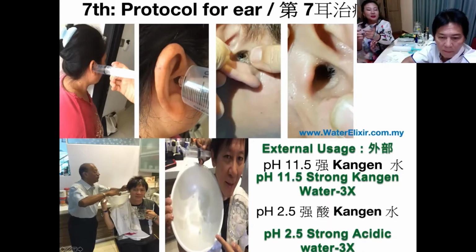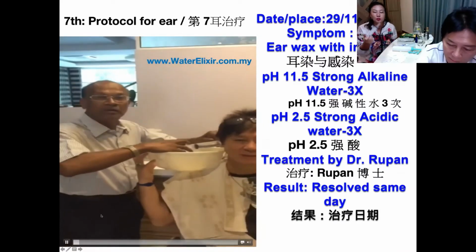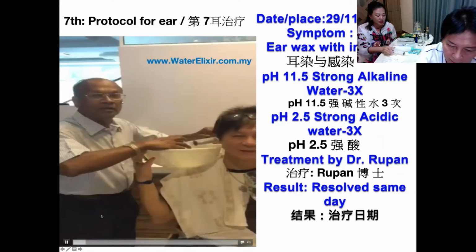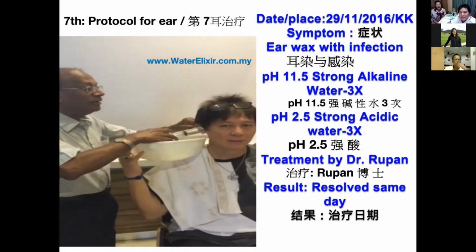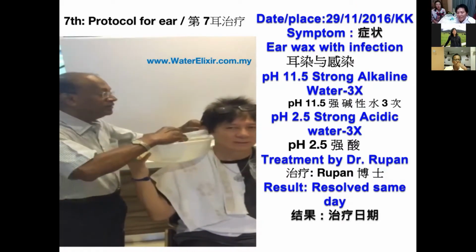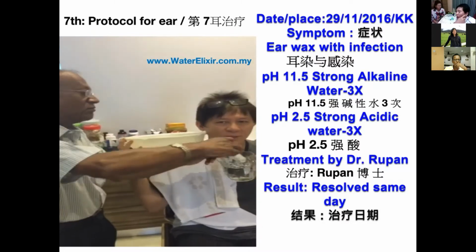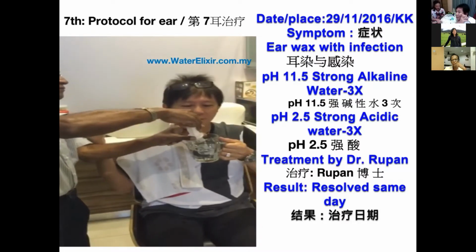Okay. So this is the sample you can see Dr. Ruben teach us how to do. 影咗啦，see how you put it in? Dr. Ruben administered for me because one of my ear was losing hearing.